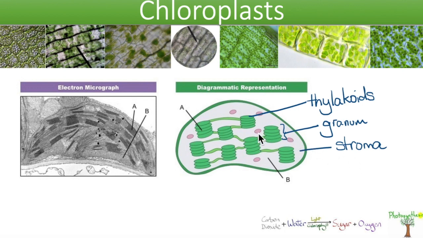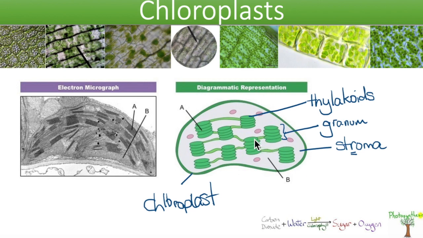Well, in a chloroplast, the liquid in which they float around in is called the stroma, with an R. So that's a little bit different. And again, this is a chloroplast, just in case you forgot what it was. So that's the insides of the chloroplast.